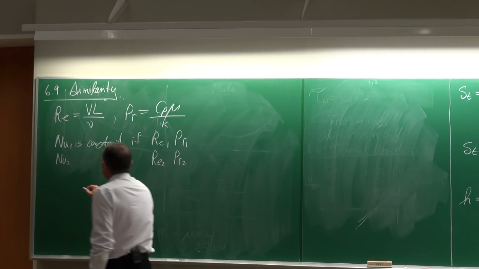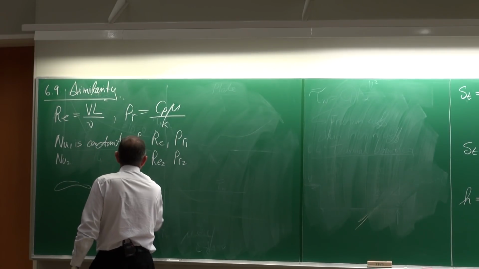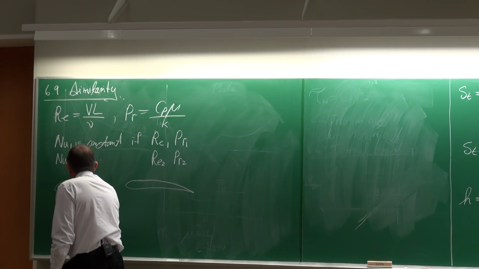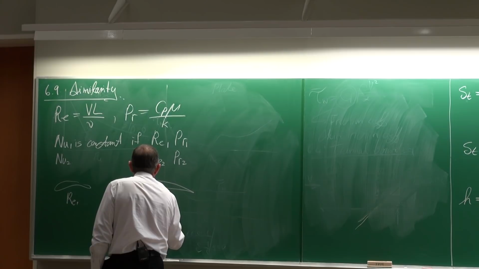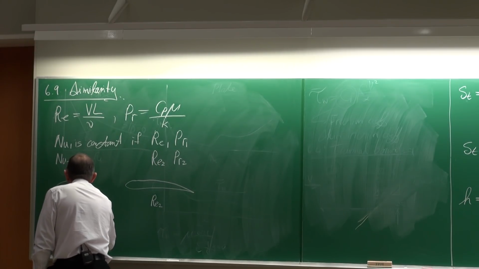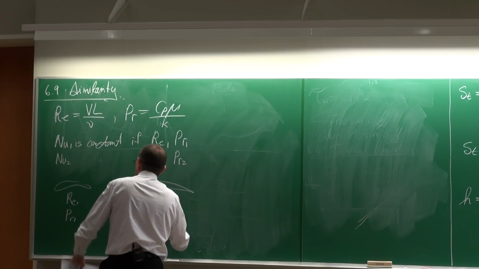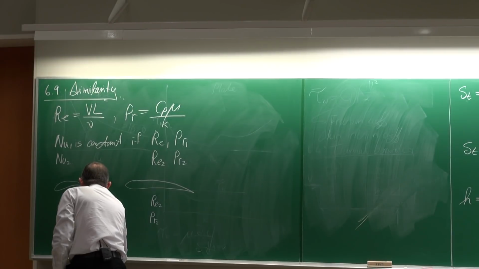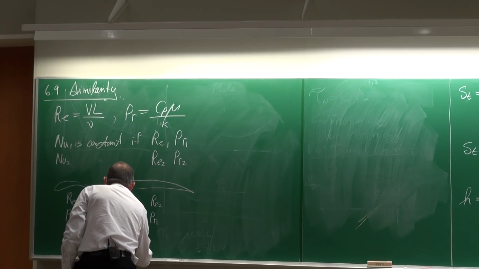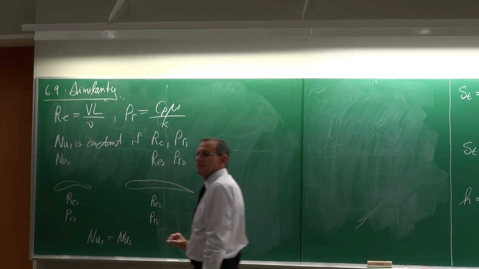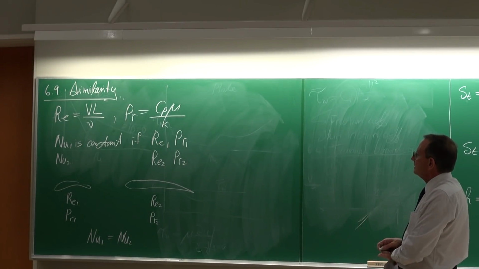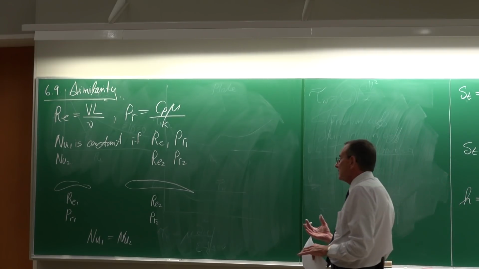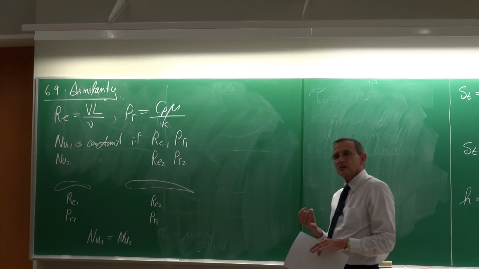So if you've got two geometrically similar bodies, which have the same Reynolds number and the same Prandtl number, then the Nusselt number of the two bodies would also be the same. It's a very important piece of mathematics with a wonderful similarity of what is happening in nature.